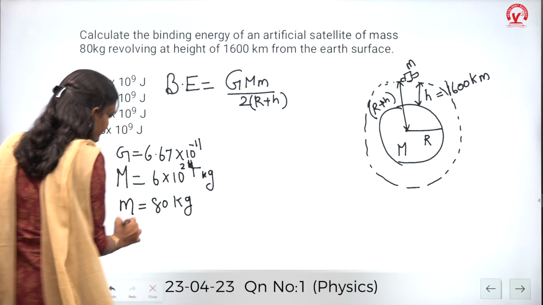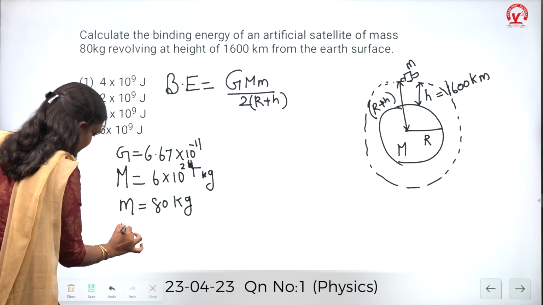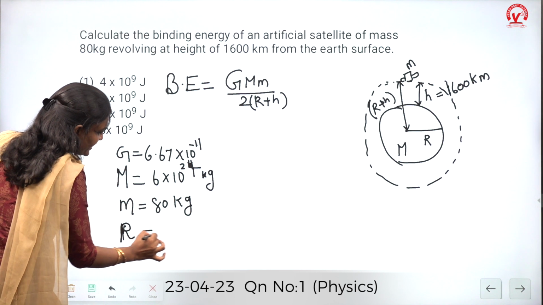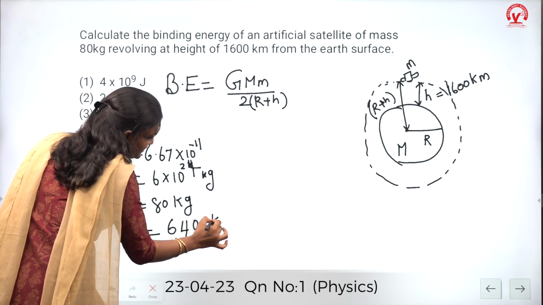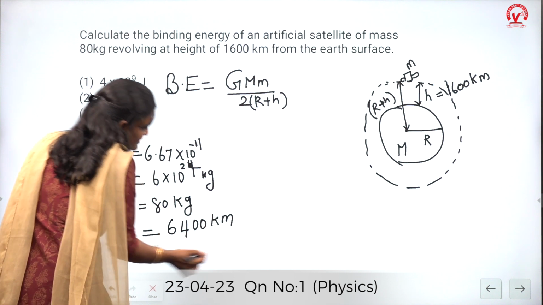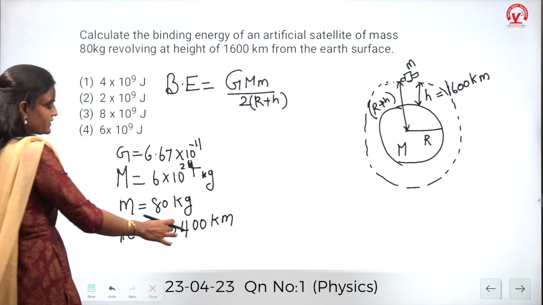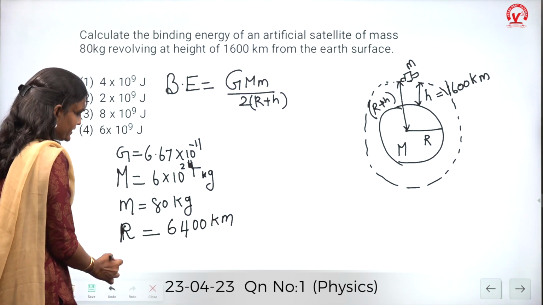And capital R is the radius of the Earth, which is 6400 kilometer. This is a constant value. Radius of Earth is 6400 kilometer.